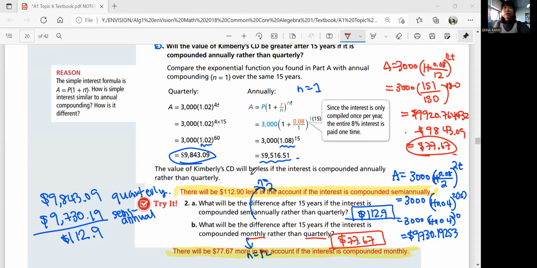Okay, here we go. And there will be $112.9 less in the account if the interest is compounded semi-annually.